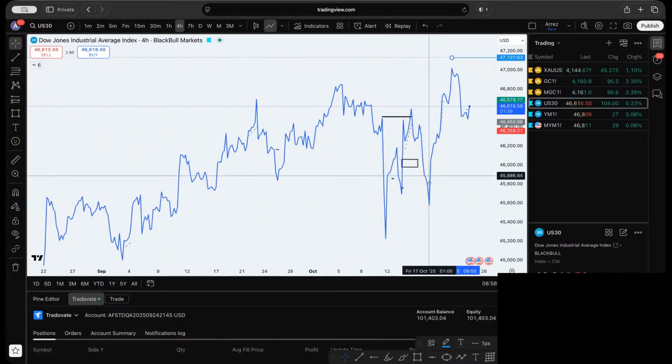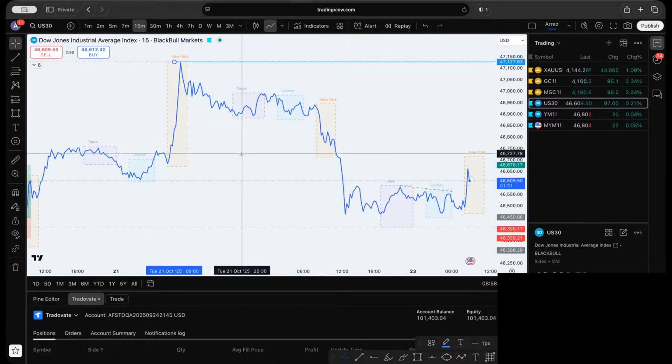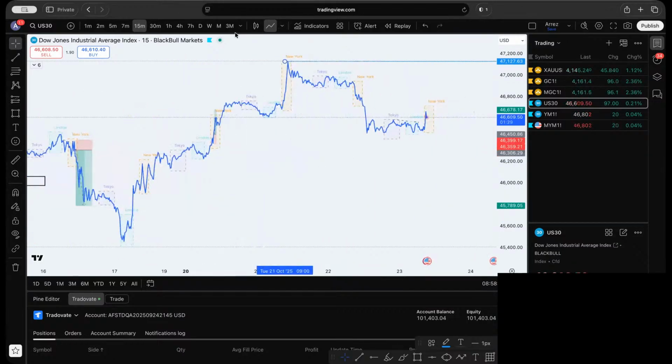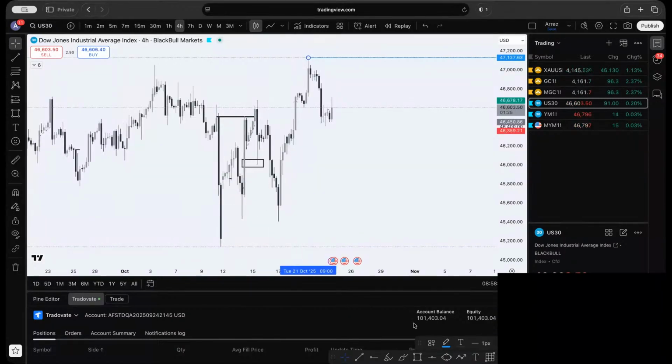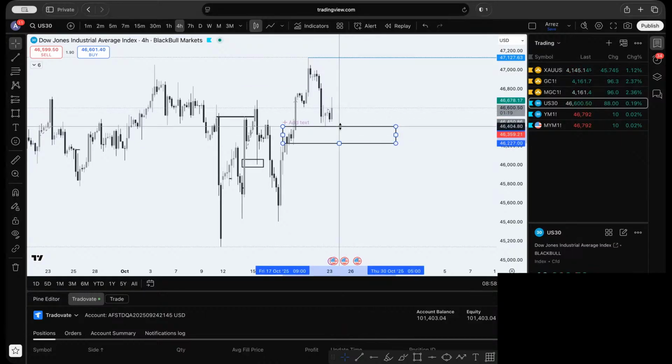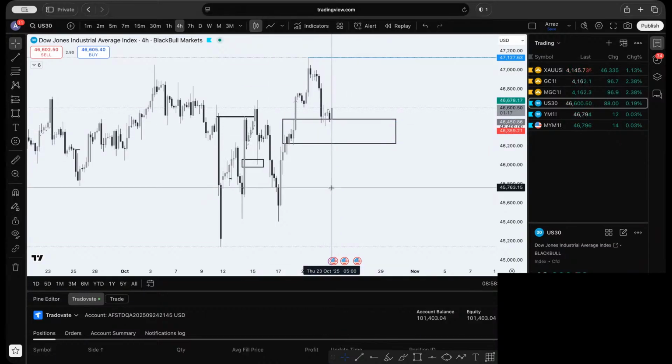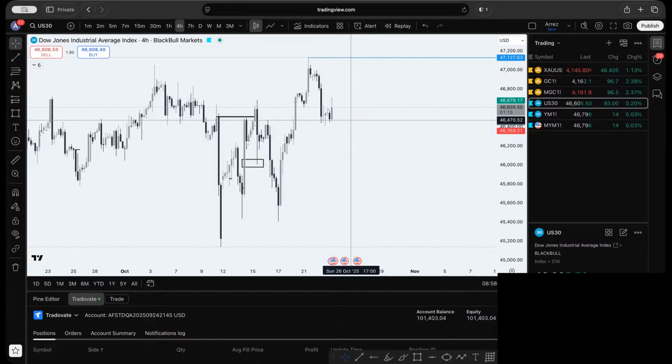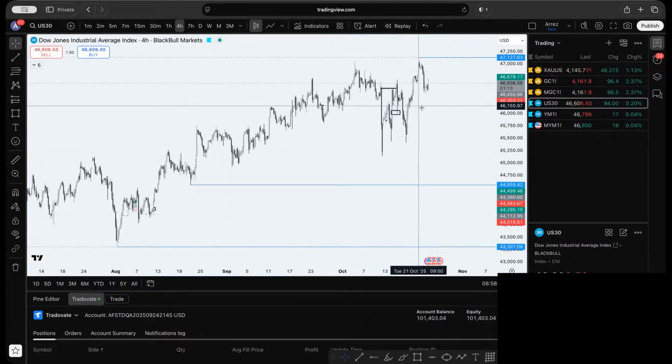And from here, we could continue higher because liquidity has been swept, as well as we have this kind of structure right here pointing us support, which could point us to the upside. And so price could continue higher from here, or it could continue and start to fall.